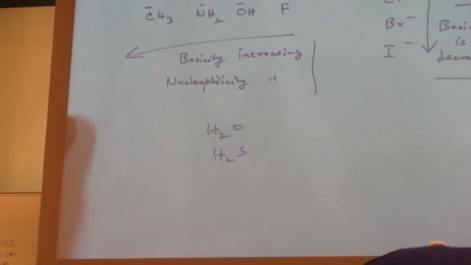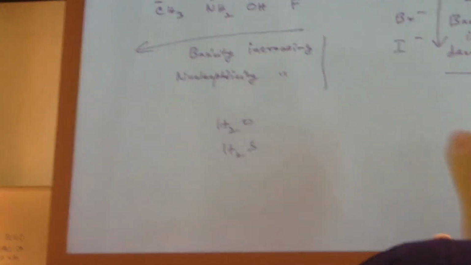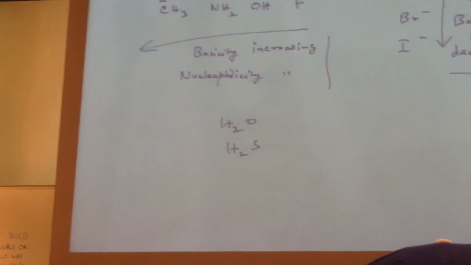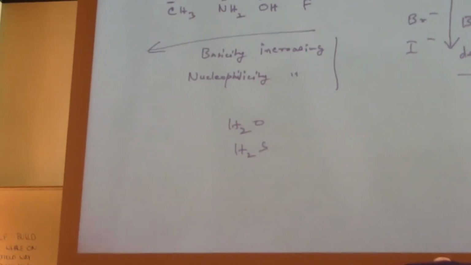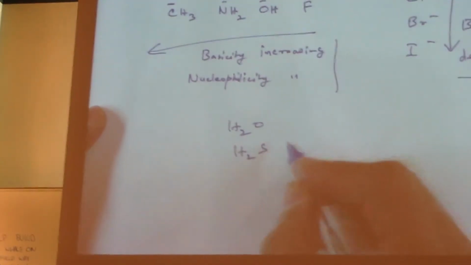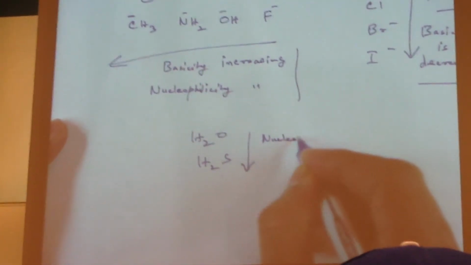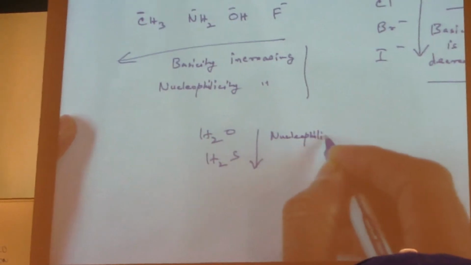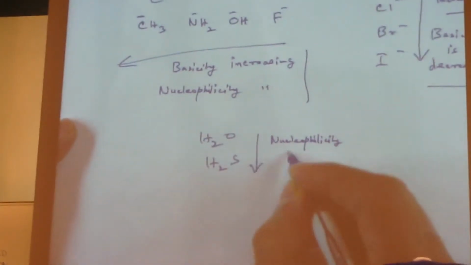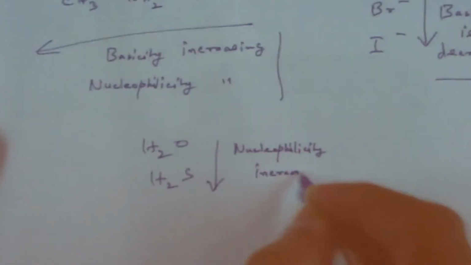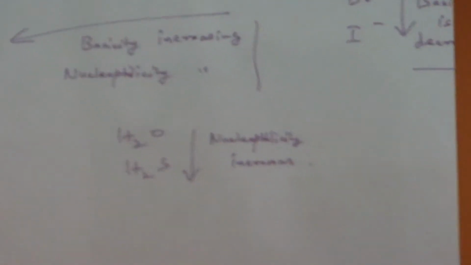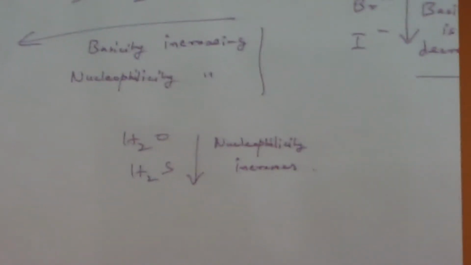Since we are going down, we have seen, as in the case of halogens, that nucleophilicity increases. So again, we can see that the nucleophilicity increases in this order. In other words, H2S is a much better nucleophile than H2O.